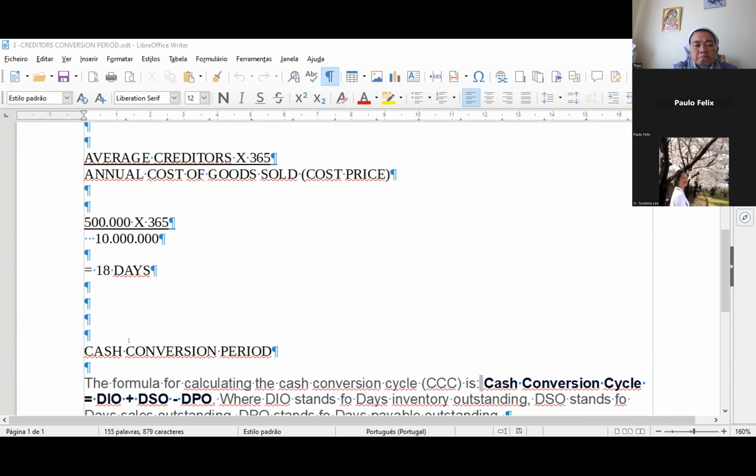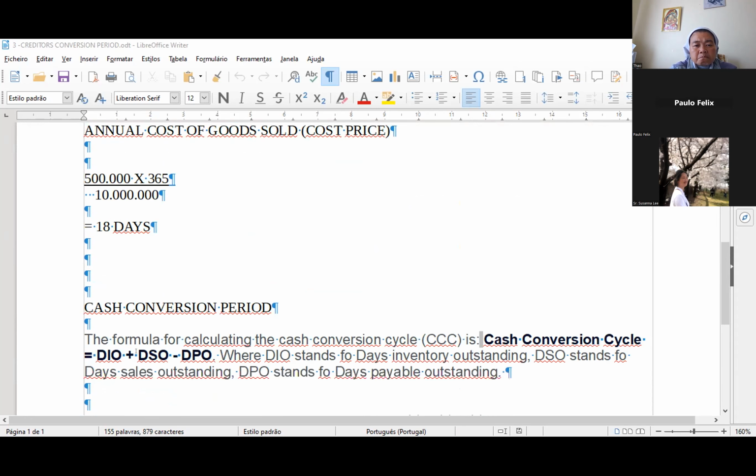Now the cash conversion period. The formula for calculating the cash conversion cycle is: cash conversion cycle is equal to DIO plus DSO minus DPO, where DIO stands for days inventory outstanding, DSO stands for days sales outstanding, and DPO stands for days payable outstanding.